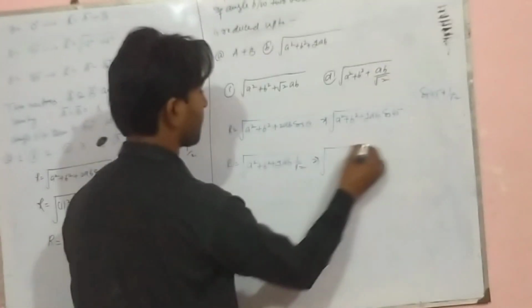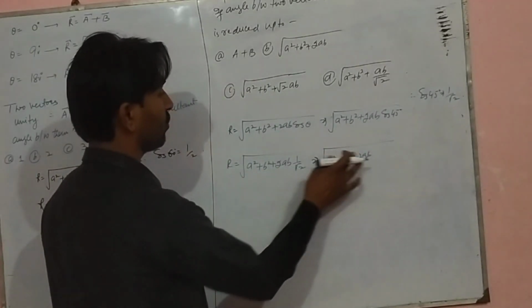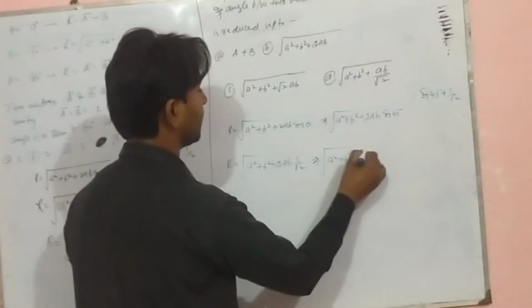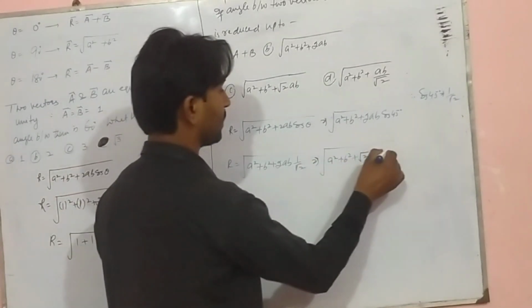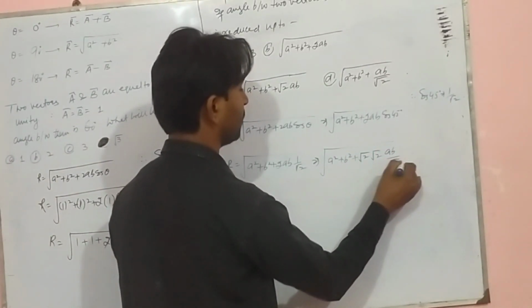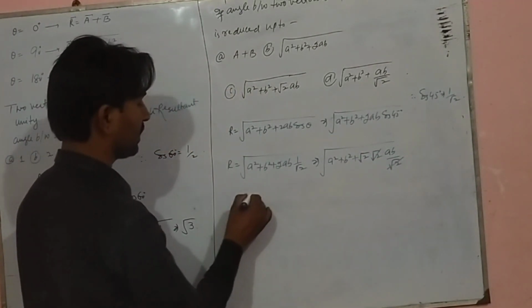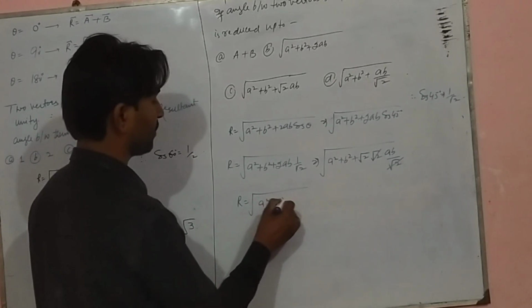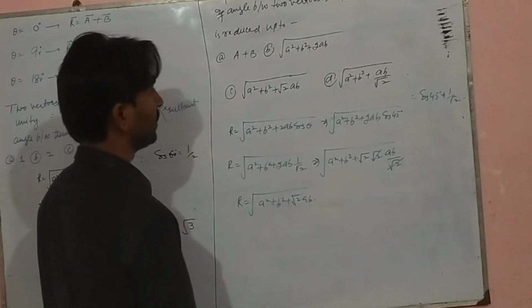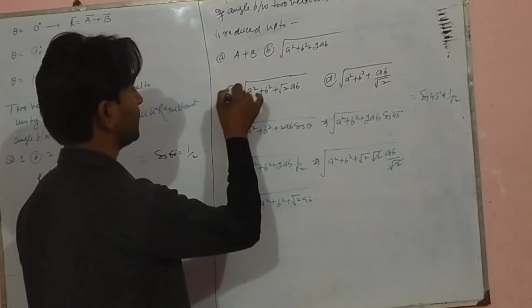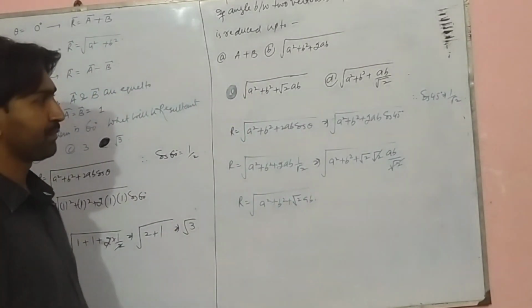This will be a square plus b square plus 2ab, where 2 can be written as under root 2 times under root 2, so under root 2 ab over under root 2. This under root 2 and this under root 2 get cancelled. So R is equal to the square root of a square plus b square plus under root 2 ab. So the correct answer is C. Cosine law is reduced at 45 degree up to this.